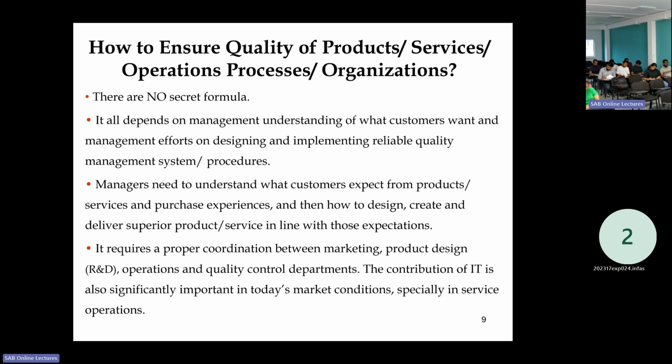But I have realized it is very difficult to explain this to finance managers and accounting professionals. The importance of meeting customer expectations and thereby ensuring customer satisfaction is very difficult to explain to finance managers and accountants, because their standards are different, their way of looking at things is different. Mostly they look at it from a cost perspective, an investment and return perspective.